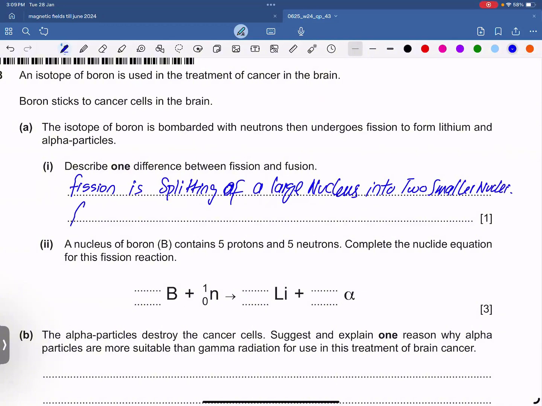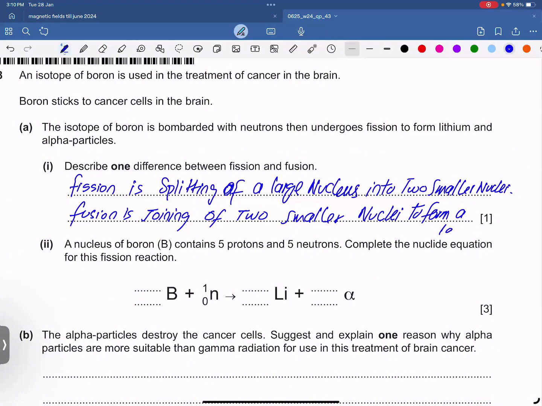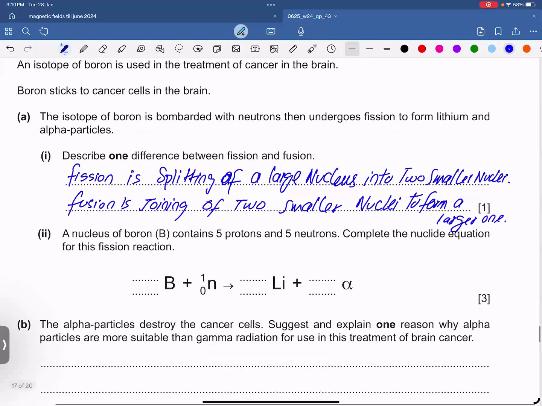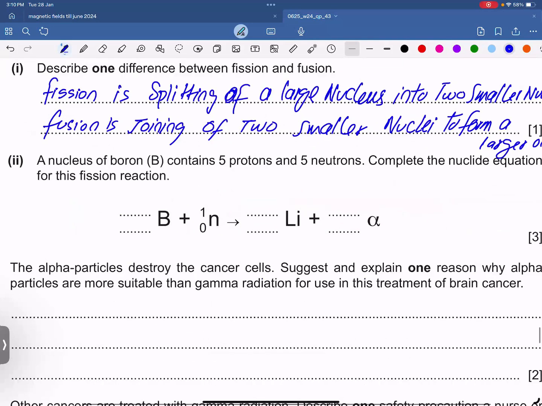Fusion is joining of two smaller nuclei to form a larger one. You can say fission requires a neutron while fusion requires high temperature. Okay, let's read the next question.